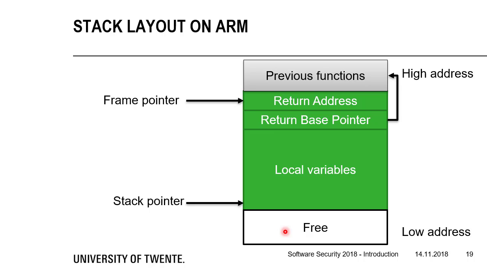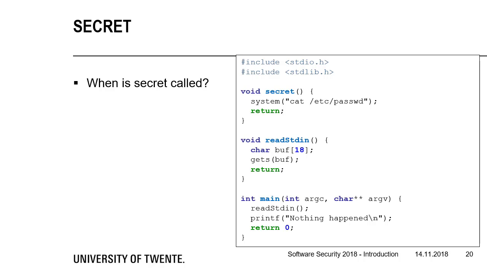So what I already said is we have the return address, which is the address of the code where the execution is supposed to continue when that function returns. And one thing I can do is try to modify that return address to make that program return somewhere else. So when you look at that code, where is secret called?